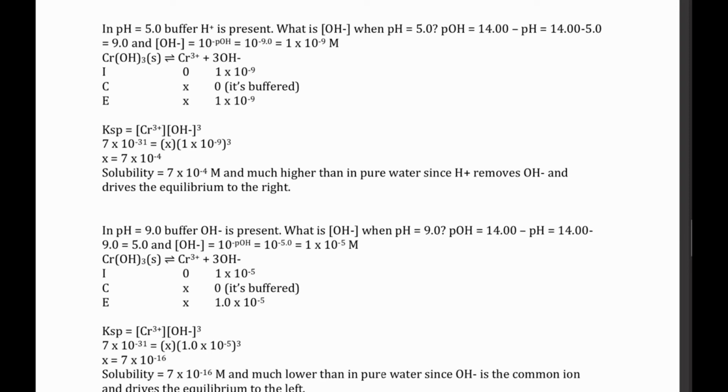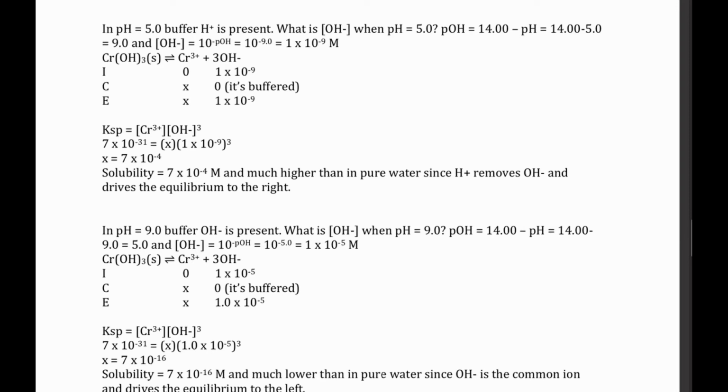Okay, so pOH is going to be 14 minus the pH, so we have 14.00 minus 5.0, which is 9.0. And then from that, we determine the hydroxide ion concentration. You see that equation, OH minus concentration equals 10 to the minus pOH, which equals 10 to the minus 9.0, which is 1 times 10 to the minus 9 molar.